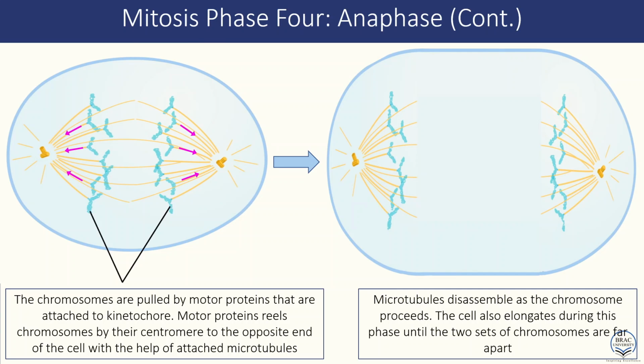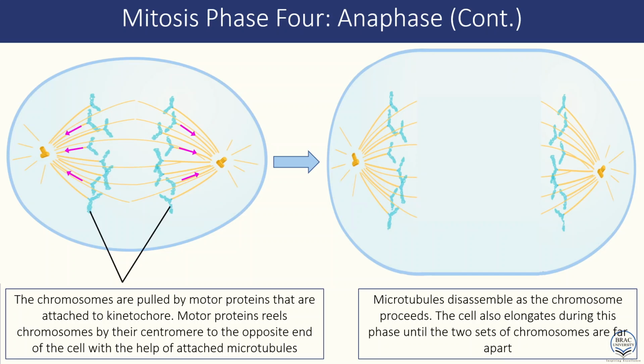So in this figure we see that the chromosomes are separated. So how are those separated? Those are mainly separated by motor proteins. Motor proteins are the kinesins and dyneins. Those are the two main motor proteins. Those mainly reel the kinetochores.